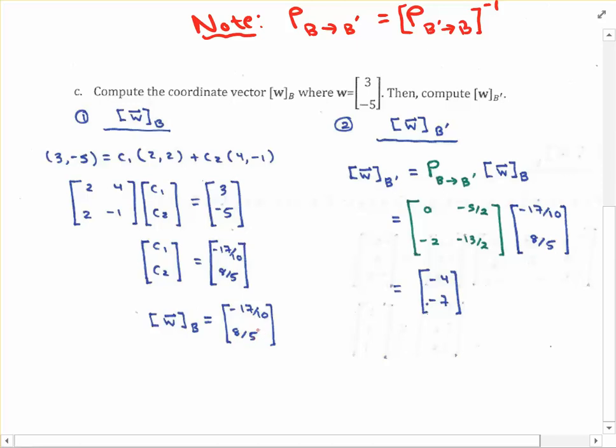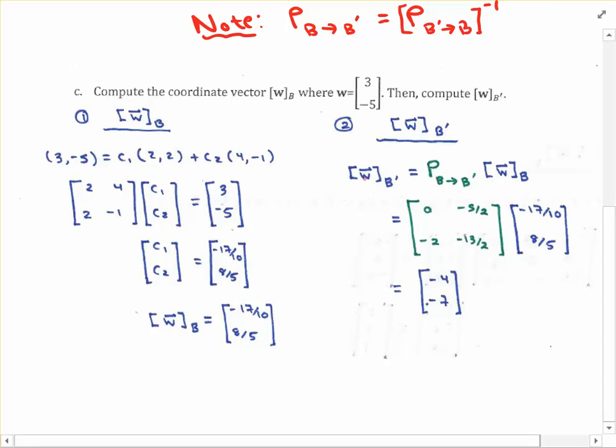So with that in mind, let's work on the last part where we want to compute the components of the vector w with respect to the basis vectors B prime. Now, of course, you could simply rewrite the vector w as a linear combination using the basis vectors from B prime instead of the basis vectors from B. But I actually want to show you how you can quickly use your transition matrix in order to do the same thing.